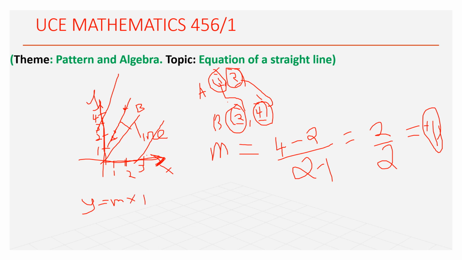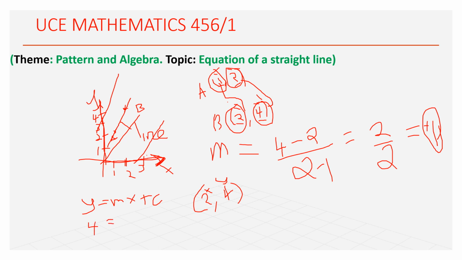c. Now that we have any point, I can take B as 2, 4. Now if B is 2, 4, I have to substitute. This is my y and this is my x. So I will substitute 4 as the y, is equal to the gradient, which is positive 1.